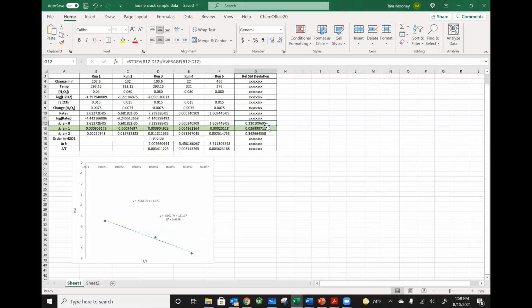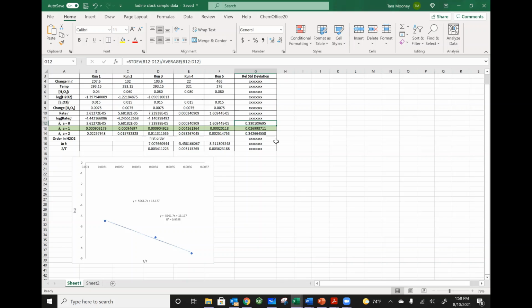In Excel, you can do the standard deviation of, in this case, B12 through D12, so these 3 cells, divided by the average. And you do that for each row. So this is row 12, 13, and 14. And whichever standard deviation is closest to 0 is the order of the reaction.